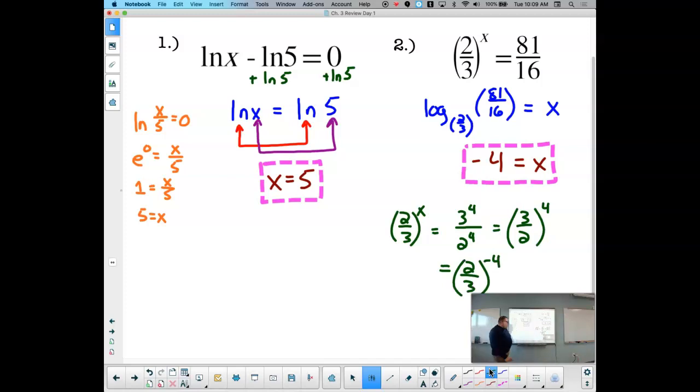And now I would have 2/3 to the x power equals 2/3 to the -4th power. And since we have equal bases, then those two would have to be equal. Okay? Just another way to go about thinking that today.